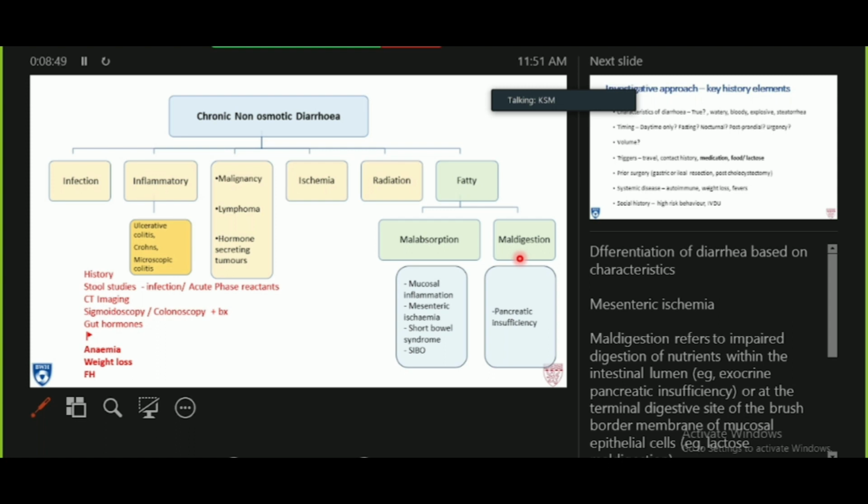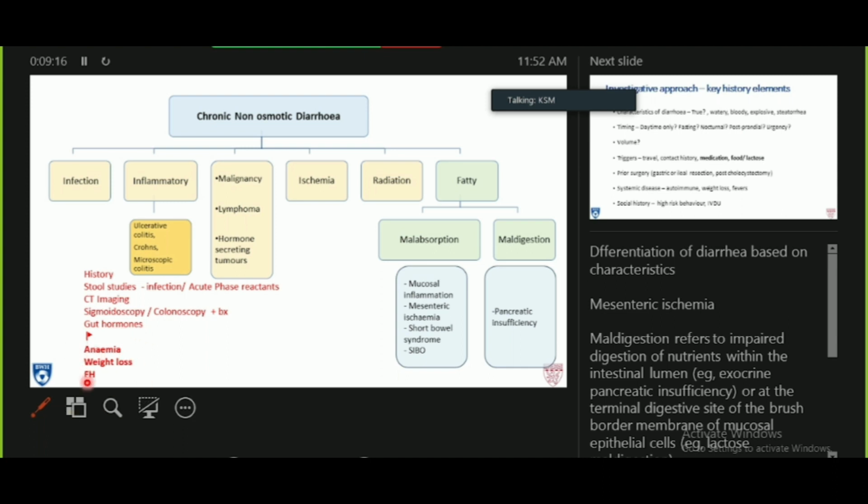And then in addition, based on the history, we can obviously want to exclude infection with stool studies, and then we can consider some of these more expensive, first non-invasive tests like CT imaging, or more invasive tests like endoscopic evaluation with either a sigmoidoscopy or a colonoscopy. I don't routinely do expensive tests like gut hormones unless there is a real suggestion clinically that the patient might be having that.